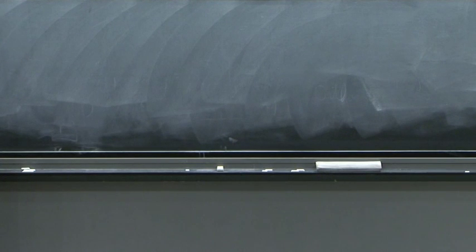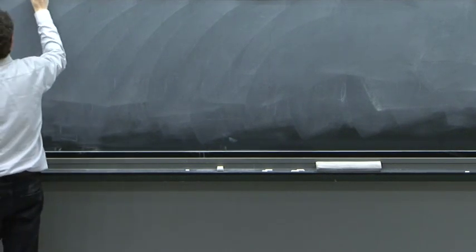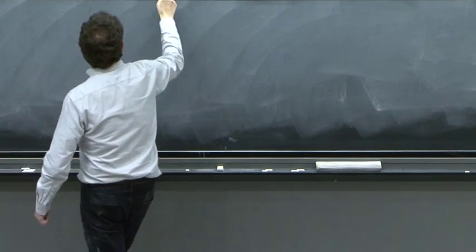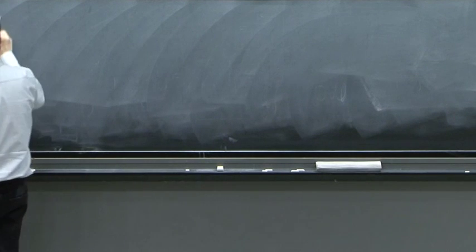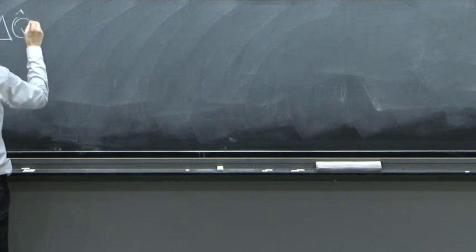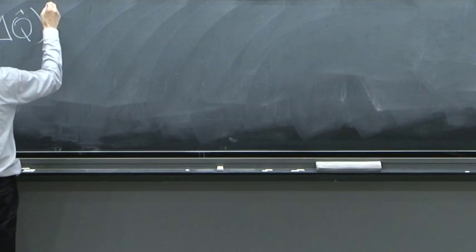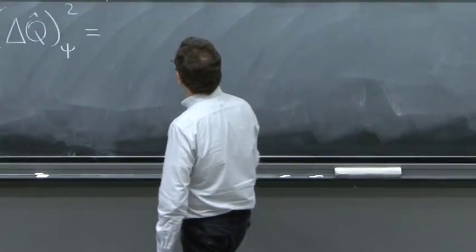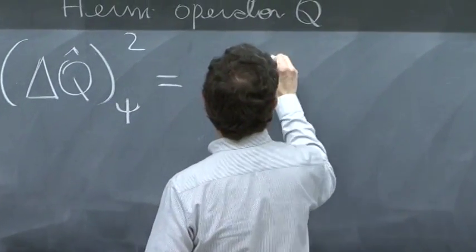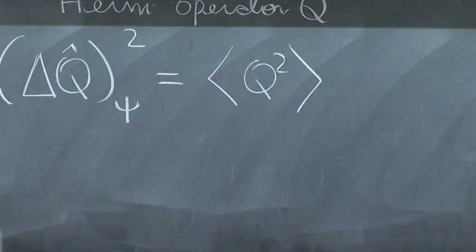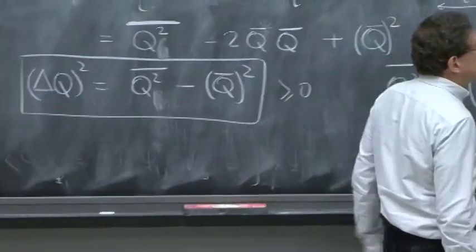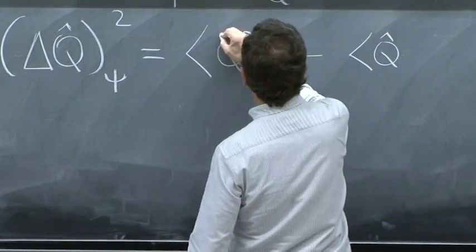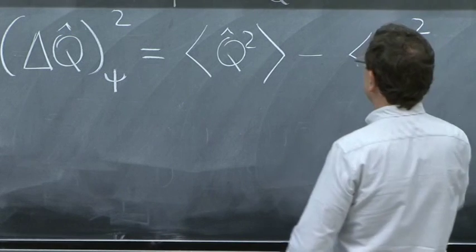So in quantum mechanics, for a Hermitian operator Q we will define the uncertainty of Q in the state psi, all squared, as the expectation value of Q squared minus the expectation value of Q, squared.